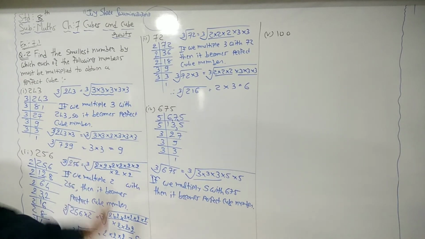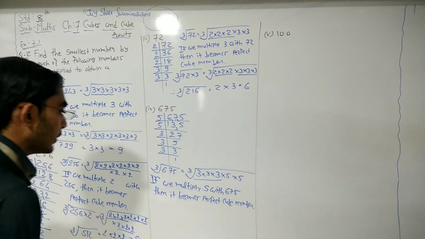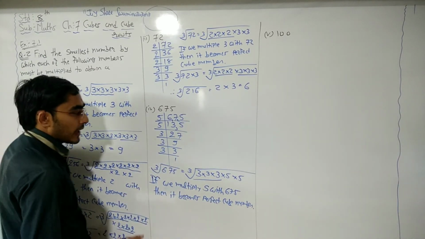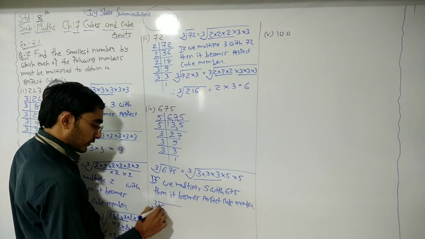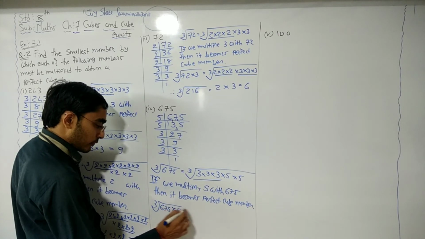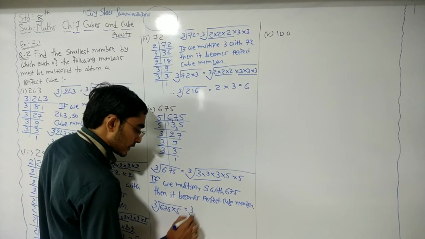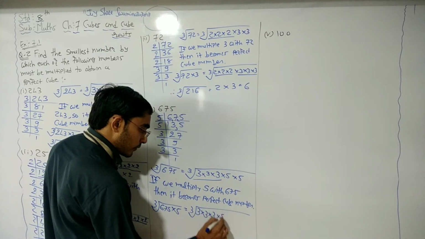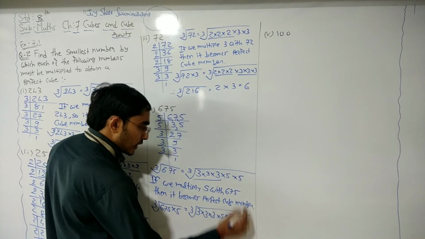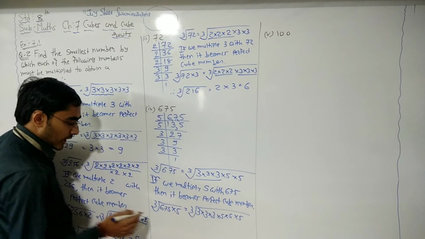Okay, if you multiply 5 with 675, it becomes a perfect cube number. So both sides we need to multiply with 5. So 675 multiply 5, and here even 3 3 3, then 5 5, 2 times 5, and one more time we add here.